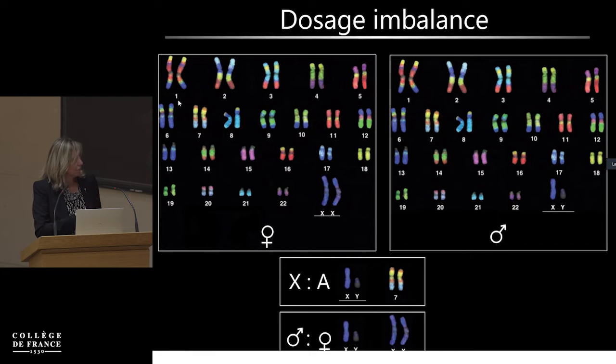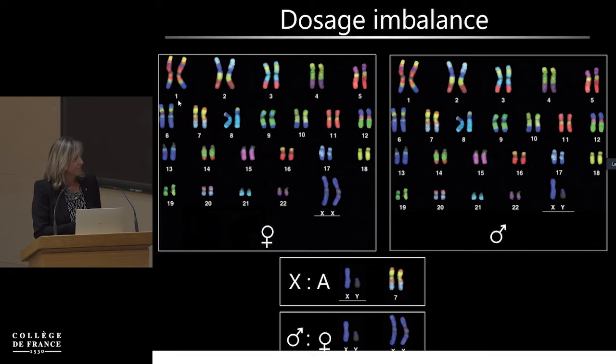which are recapitulated here. So the first is between the X chromosome and autosomes. If we look at male cells, we see that there's going to be only one copy of this very important X chromosome, while you will have two copies of every other autosome.